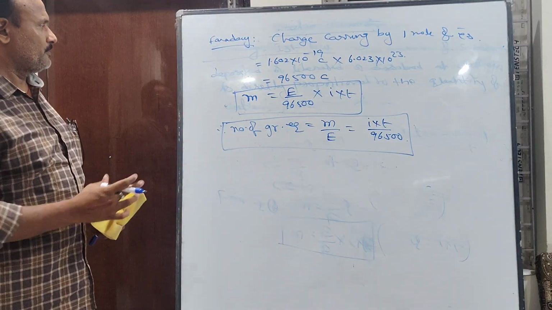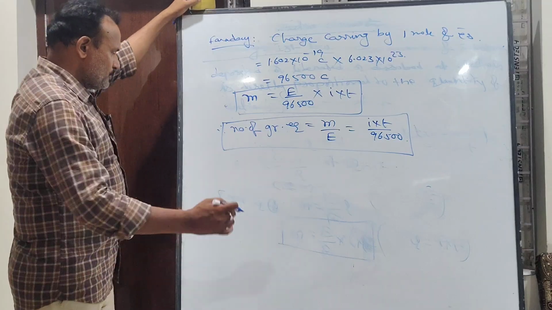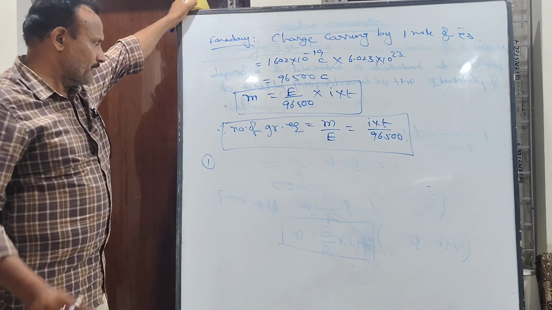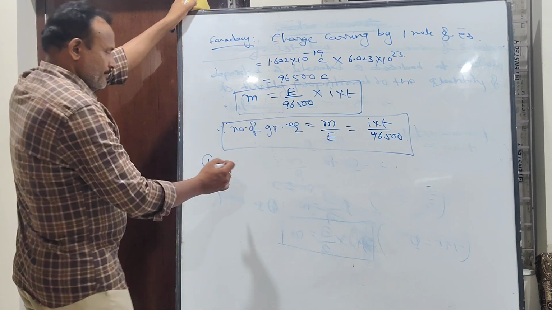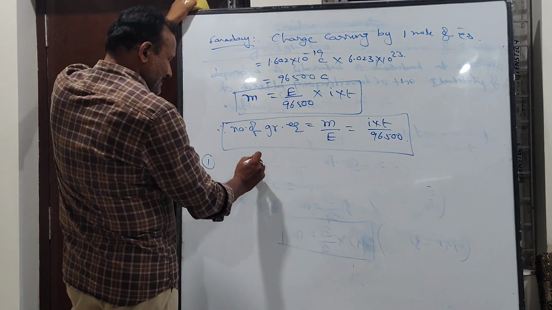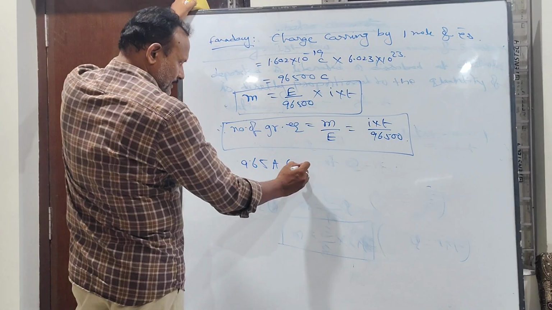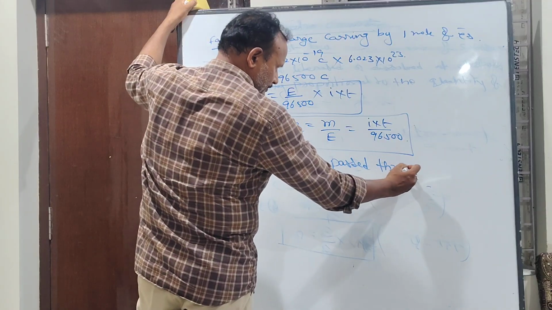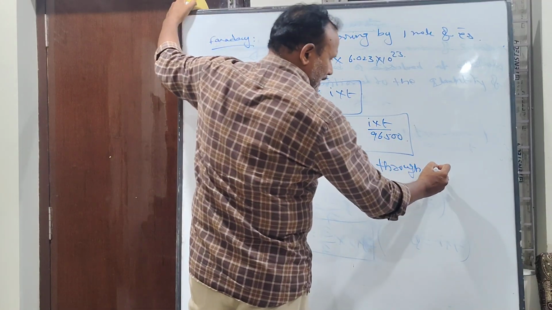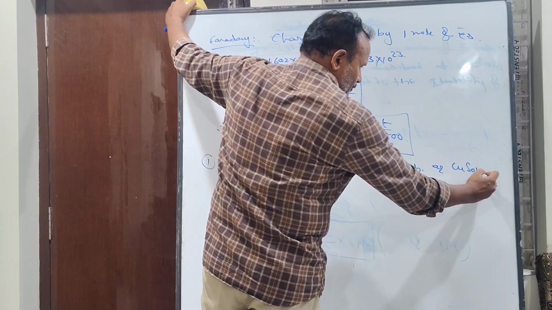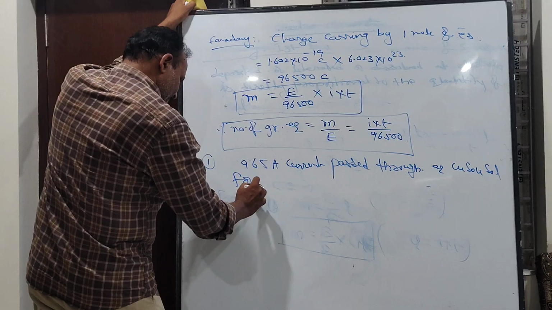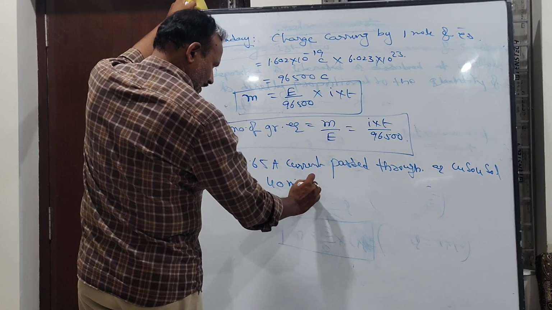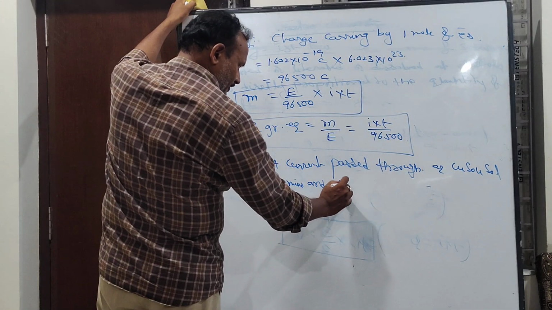Some numericals you can solve based on this formula. Suppose I give one numerical, you can identify this and do the calculation also. 9.65 amperes current passed through aqueous CuSO4 solution for 40 minutes and 40 seconds.